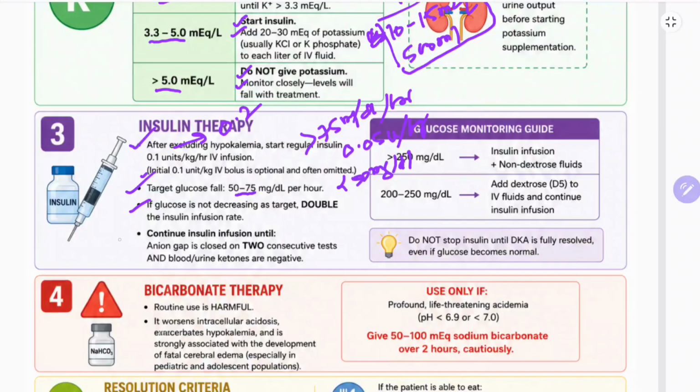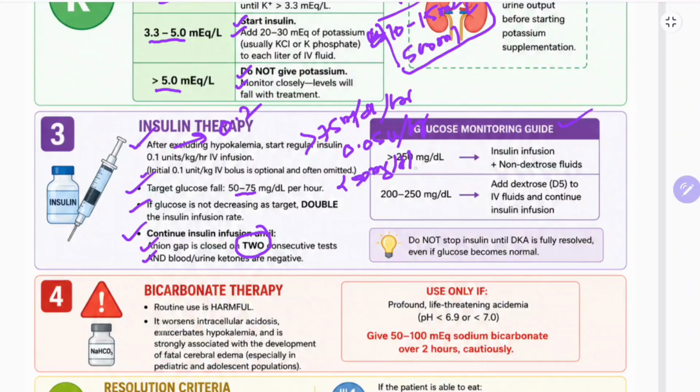Now continue the insulin infusion until the anion gap is closed on 2 consecutive tests and blood or urinary ketones are negative. The anion gap is measured by VBG or ABG. When these 2 conditions are met, only then should you stop the insulin.